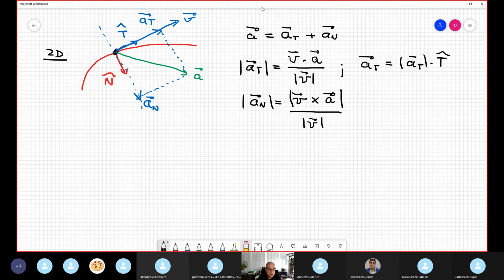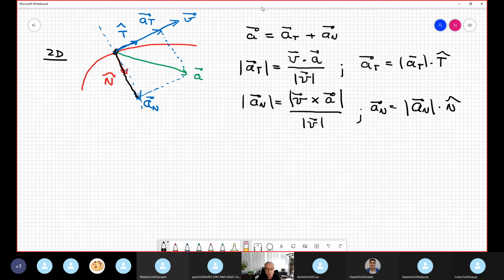And this gives me this component, which is a scalar. In order to find the normal component vector, you multiply the magnitude that you computed after by the vertical projection and multiplication by the normal vector.